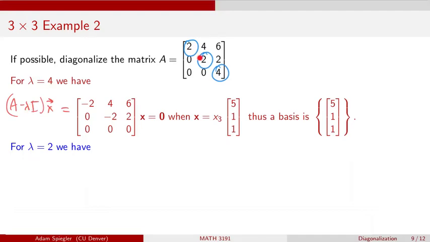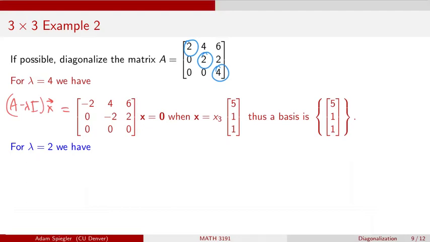So we're subtracting 4 from each of the diagonal entries. So that gives us -2, -2, and 0. And the off-diagonal entries have not changed. So I still have zeros below the main diagonal, and I've got my 4, 6, and 2 above the main diagonal. So now I want to know when is this matrix times x equal 0.